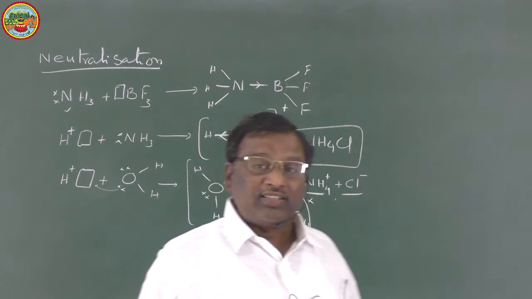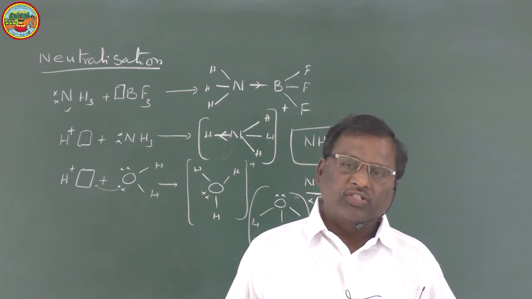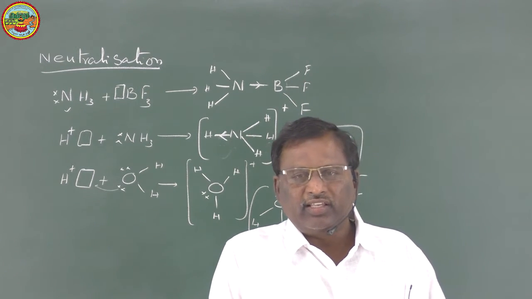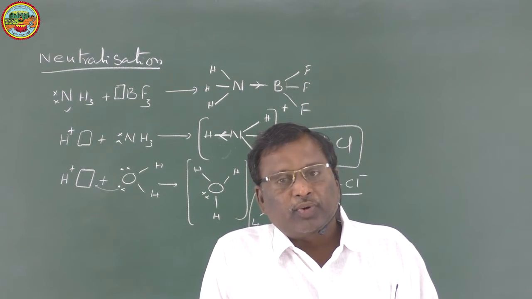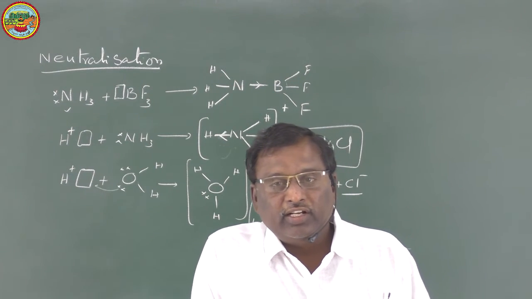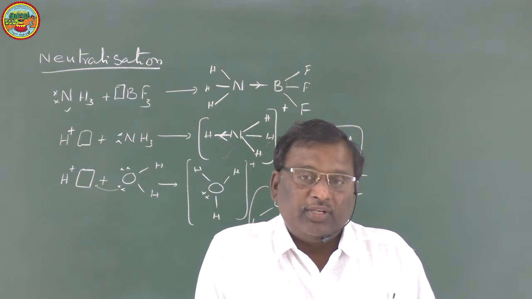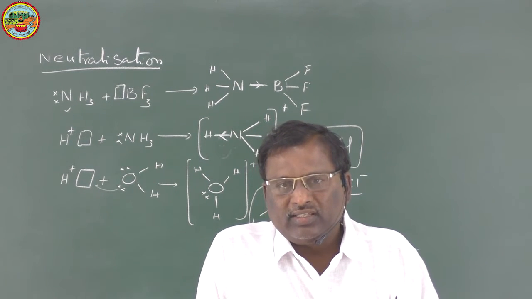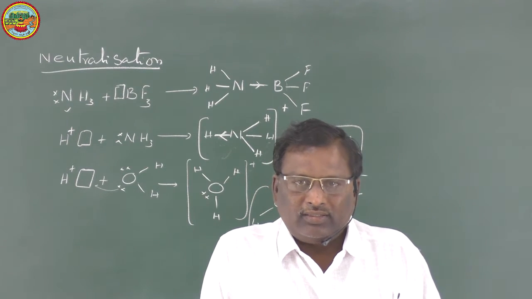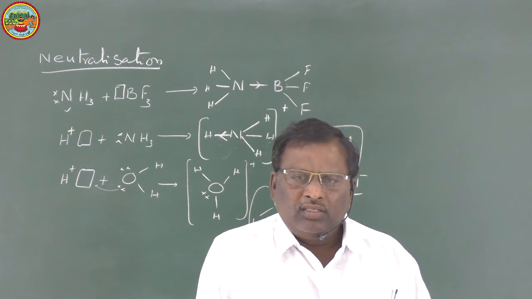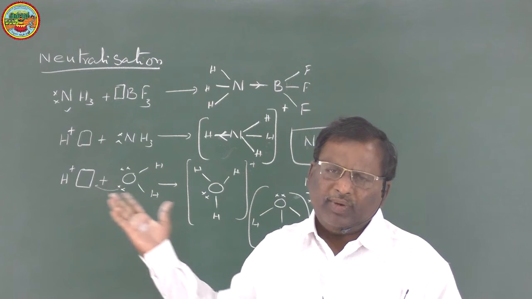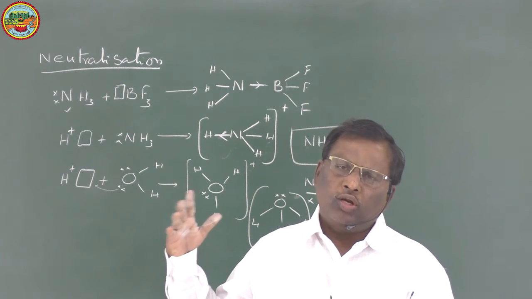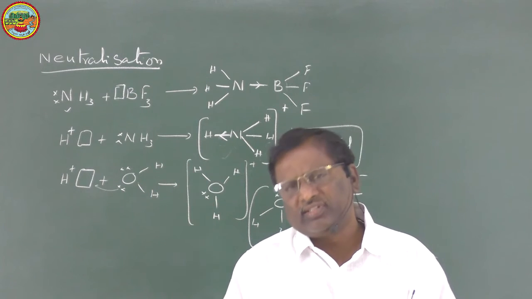What about the strength of acids and bases? In 10th class, we studied the Arrhenius theory. It can explain beautifully the neutralization, the heat of neutralization and the strength of acids and bases. But in the Lewis theory, the strength of acids and bases is not explained, because acid-base reactions are explained in terms of electron pair donation and electron pair acceptance.